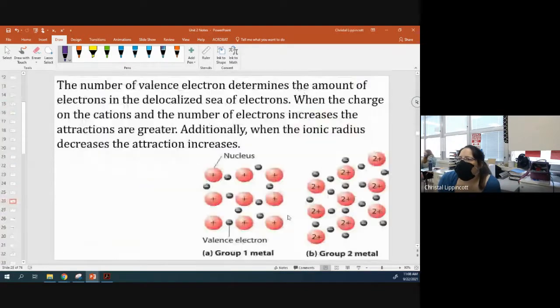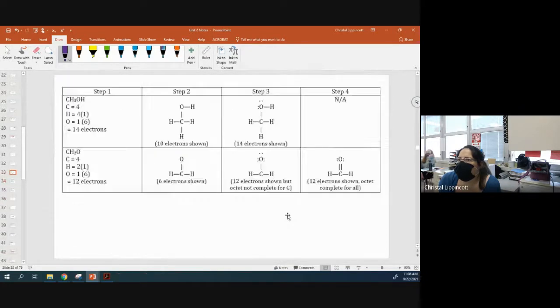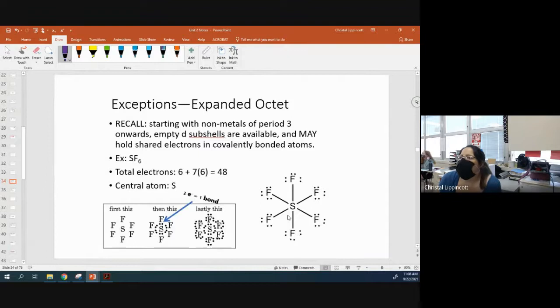So when we look at this guy, for our first exception here, when that happens, the expanded element has to be the central element. So if this was like chlorine out here, it wouldn't expand. It has to be a central element in order for it to expand. How do we figure out what goes in the center?